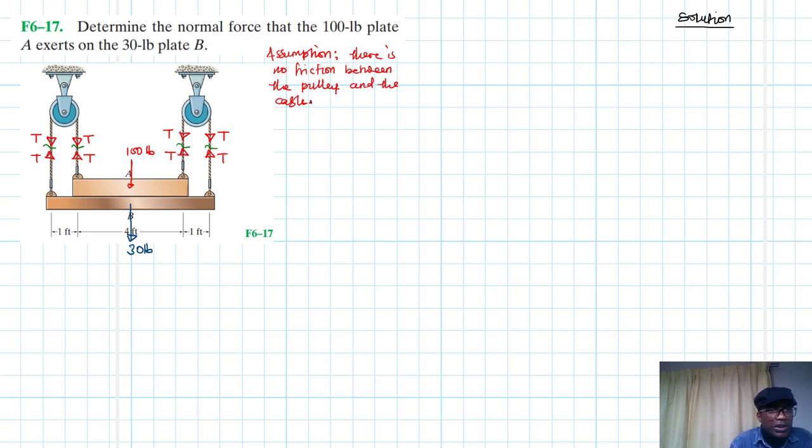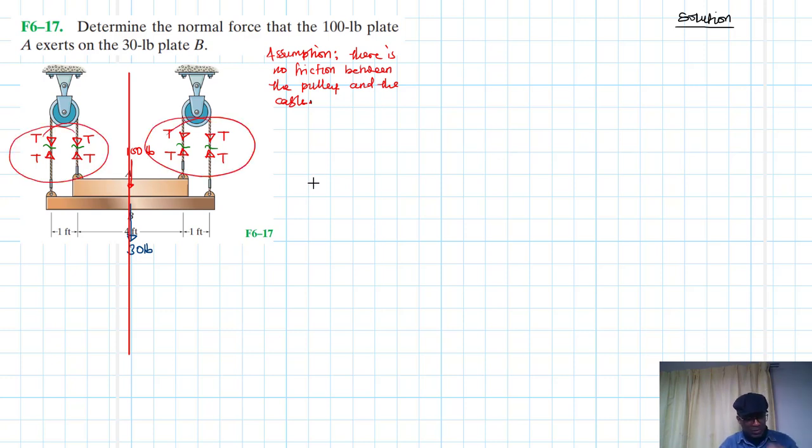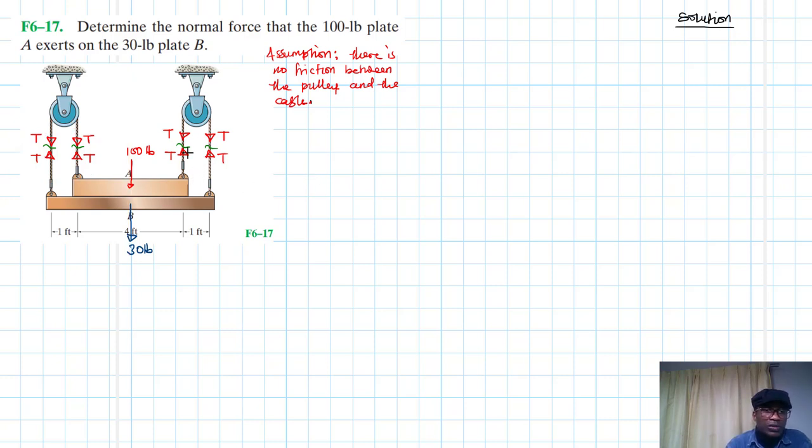And because of symmetry, this particular system is symmetrical about this axis. That's the reason why the tension on this side is the same as the tension on the other side. So because of symmetry, we expect the tensions to be the same.